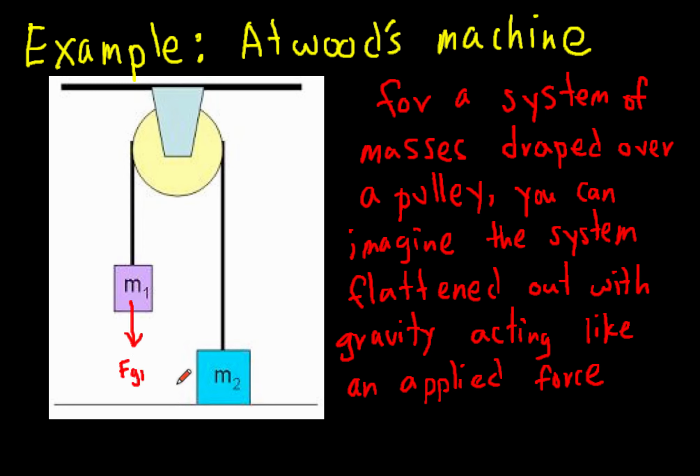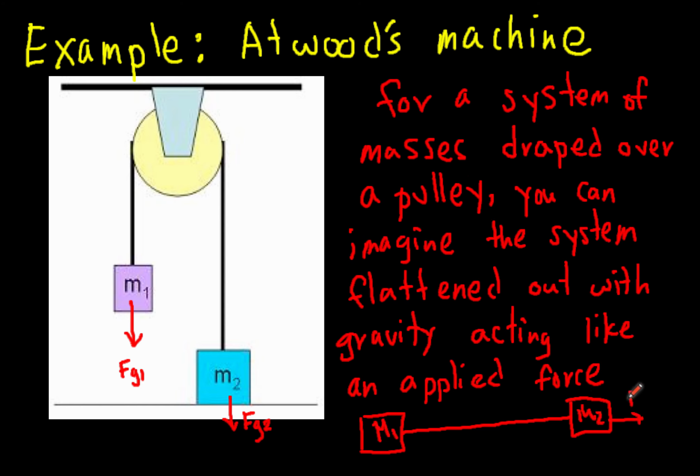Mass 1 is being pulled down by a force of gravity, we'll call it force of gravity 1, and mass 2 is pulled down by force of gravity 2. If you considered a flattened out version of this, mass 1 and mass 2 are horizontal to each other. Mass 2 is being pulled back by its force of gravity, and mass 1 is being pulled back by its force of gravity.